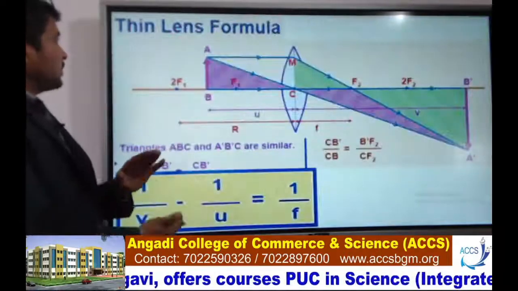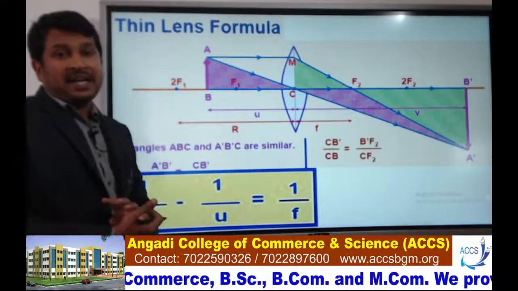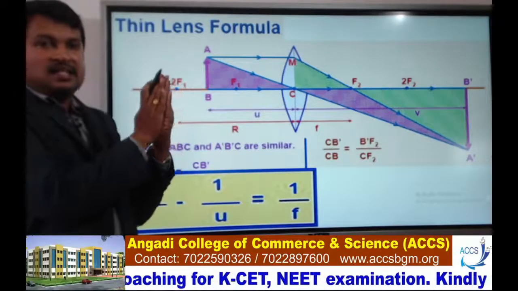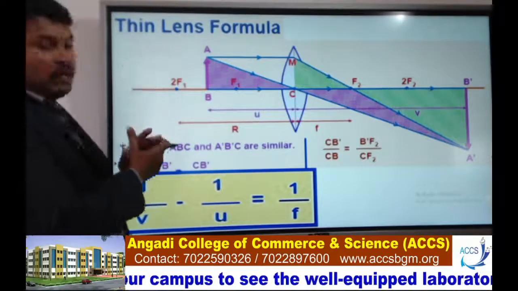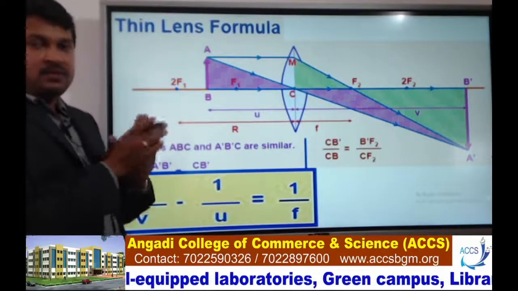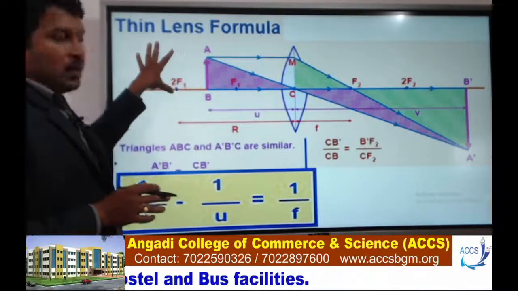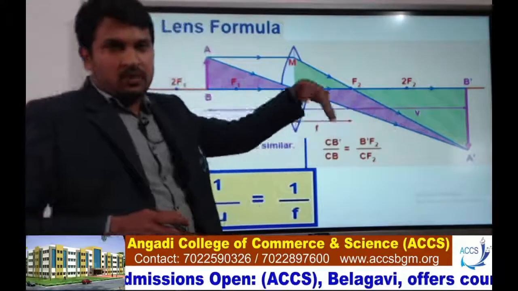Okay, next one, thin lens formula. A thin lens combination is nothing but lenses in contact. Two lenses, the first lens and the second lens, are placed against each other. First I'll tell you the lens formula. For one lens, the object is placed above the principal axis and an inverted image forms on that side.